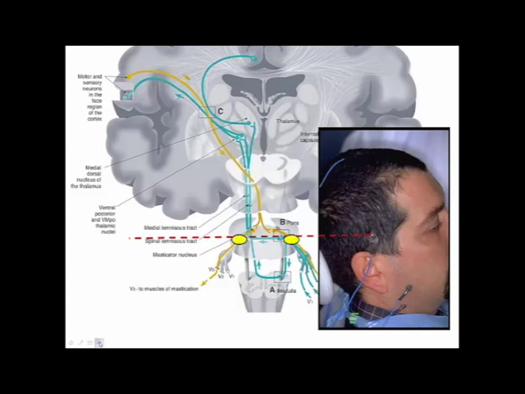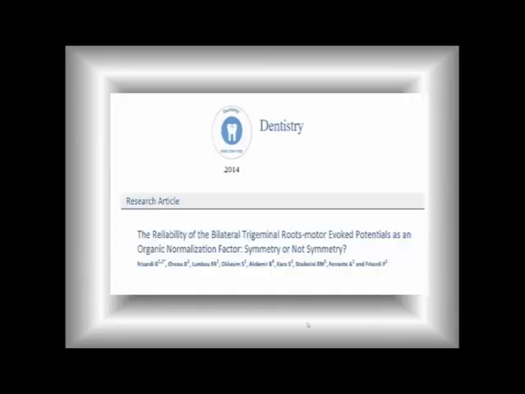But to obtain this target, we have to depolarize the motor trigeminal root by electric transcranial stimulation. In order to cross the cranial bone and to reach the oval foramen, we had to develop a methodology called bilateral root MEPs, using new innovative devices equipped with a high voltage electric stimulator.